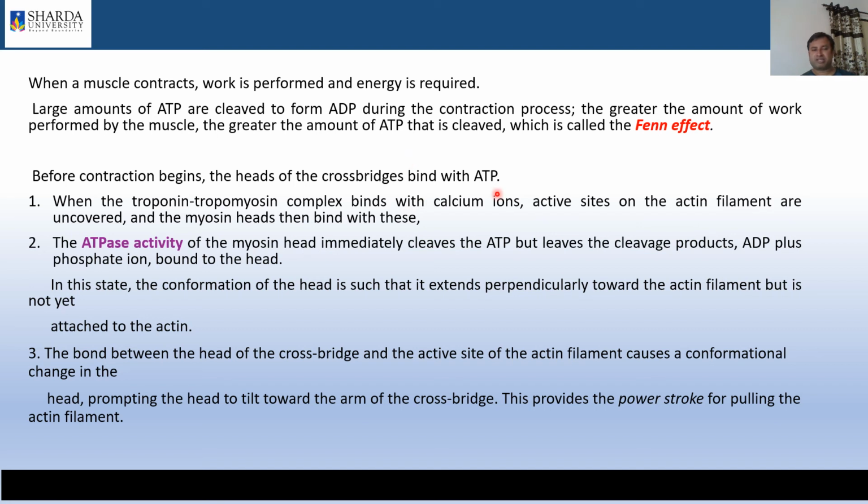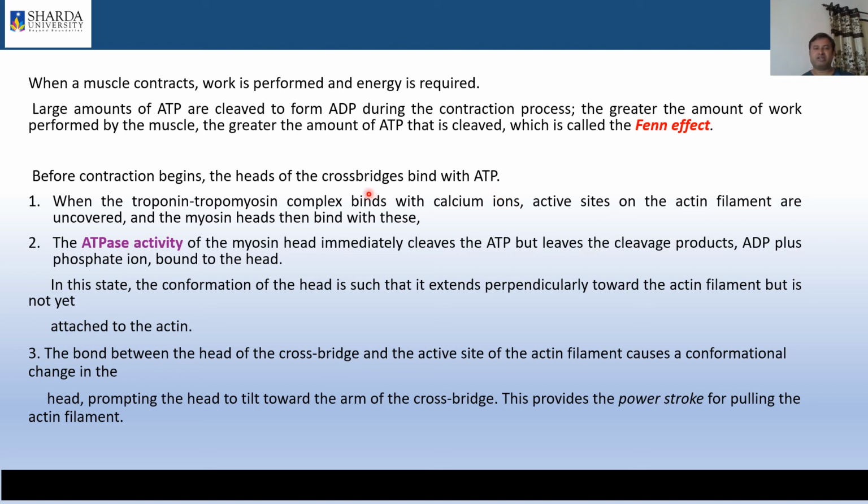As we have discussed, we need a large number of ATP molecules for muscle contraction. If we are doing heavy work, a large number of ATP will be required, and this phenomenon is called the fan effect. In the first step, as explained, the action potential reaches and ATP binds with the myosin head.